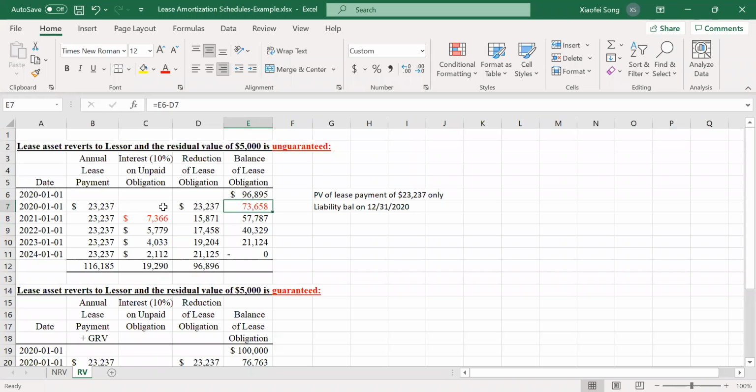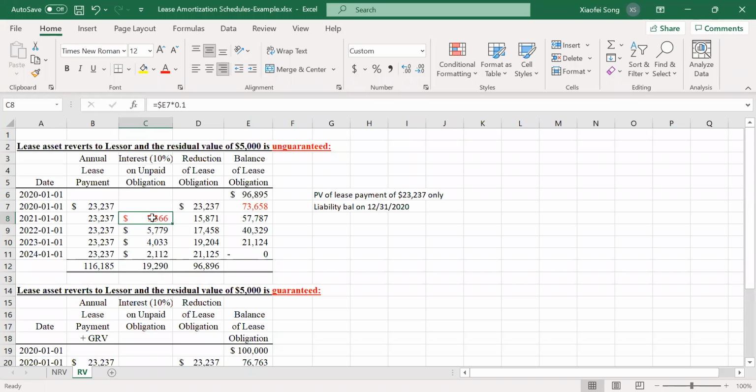The row of 2020 shows no interest because the interest is in this row labeled January 1st, 2021, because we considered 2020's interest is paid on January 1st, 2021. So that's why this table is not that expressive, right?